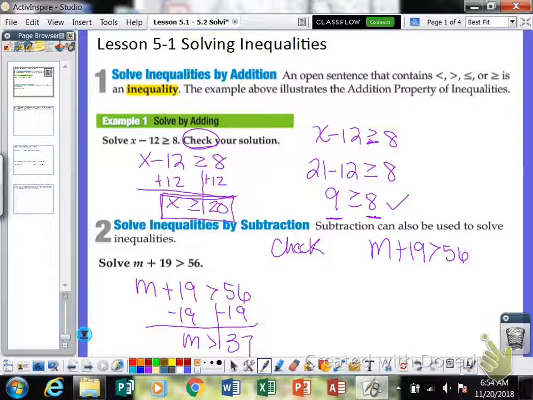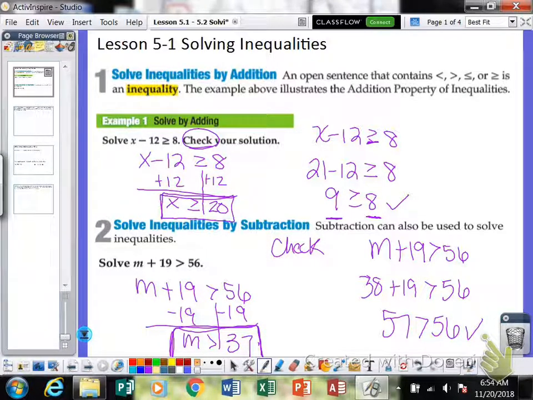Now, I want a number that is greater than 37. So 38. It doesn't have to be greatly bigger. It just has to be bigger than 37. So 38 plus 19 should be greater than 56. And if you add 38 and 19, you end up with 57, which is greater than 56. So since that's true, I did solve this correctly, and m is greater than 37.